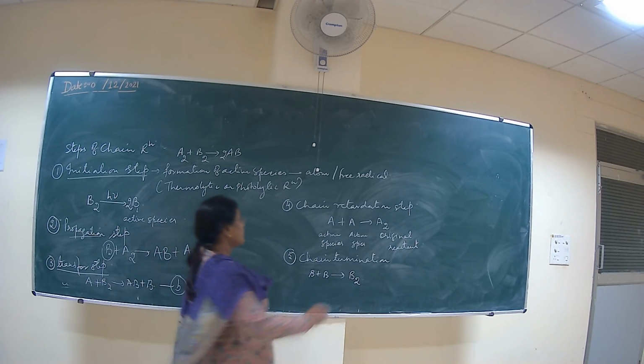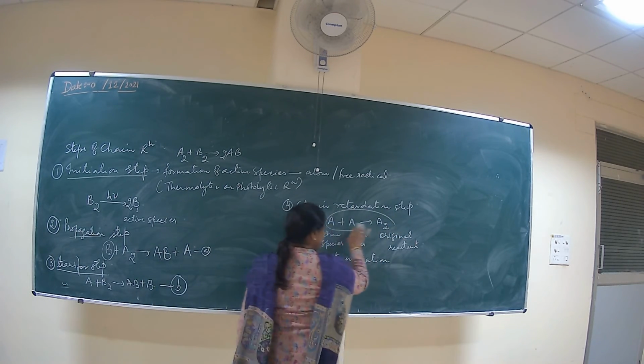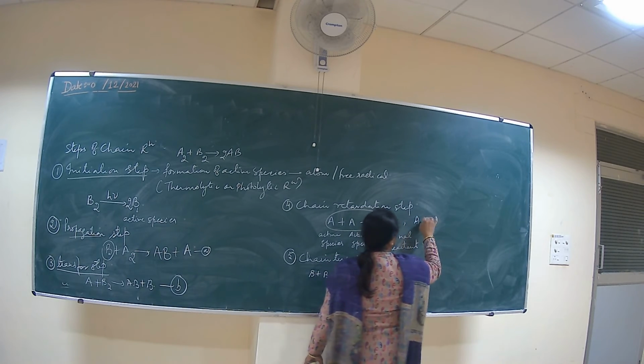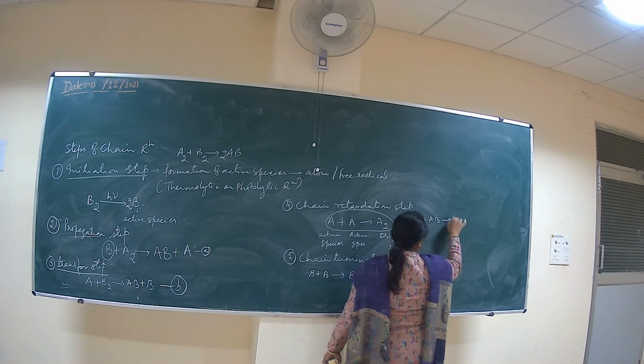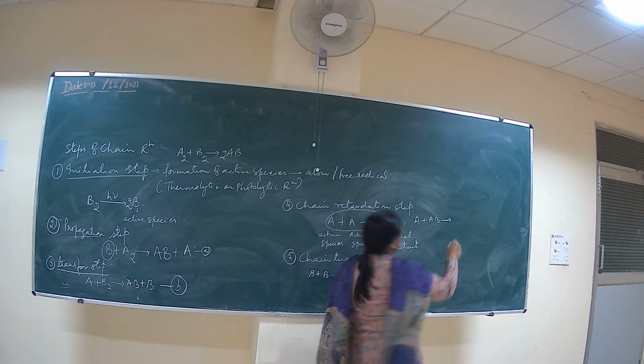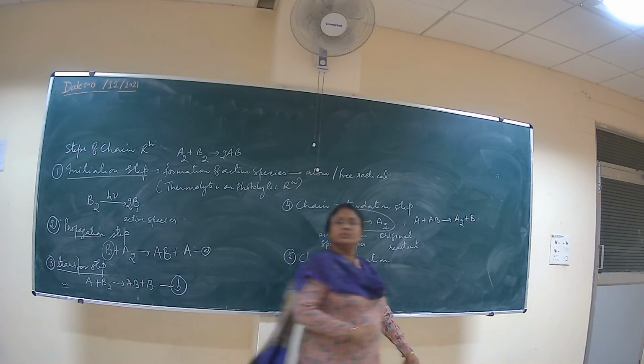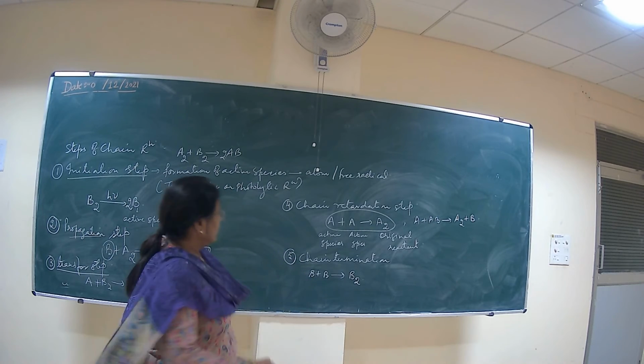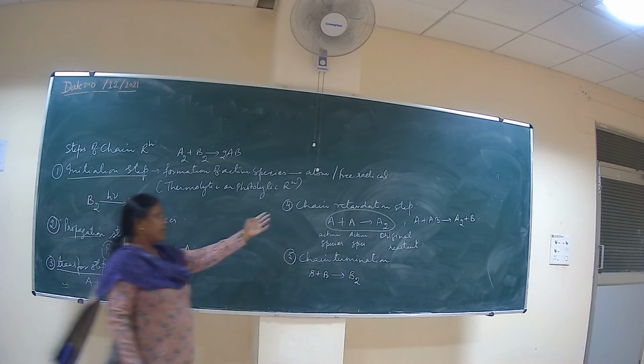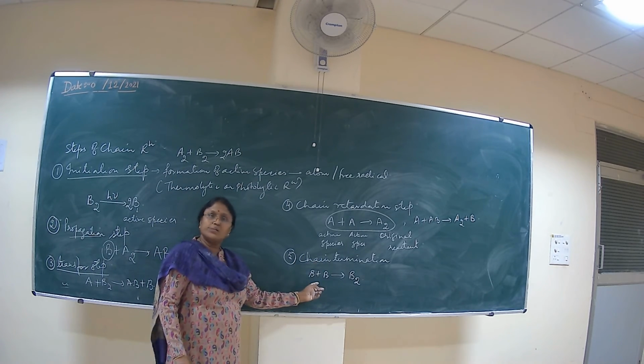Okay? ये हमारा chain retardation step एक ये भी हो सकता है और दूसरा हमारा क्या है? A combines with the product and there is a formation of A2 plus B. Okay? So this is how the chain retards and the chain terminates.